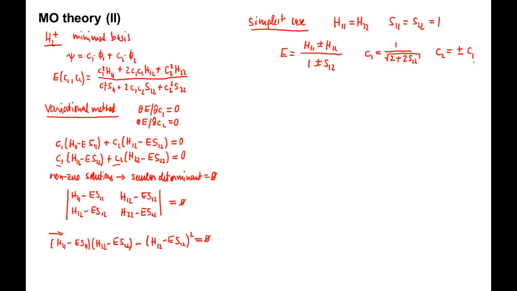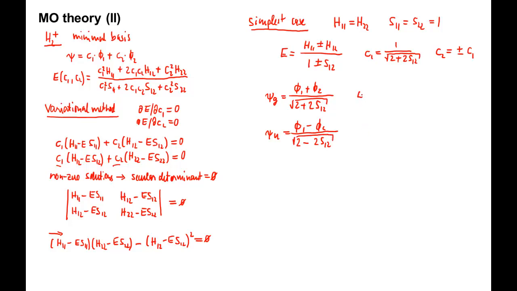Let's actually write out the full solutions. The molecular orbitals are psi g equals phi 1 plus phi 2 divided by the square root of 2 plus 2 S12, and psi u equals phi 1 minus phi 2, again divided by the square root of 2 minus 2 S12 here.